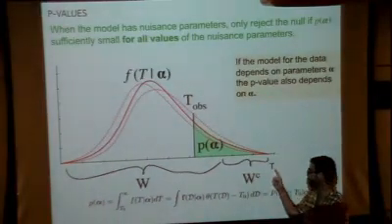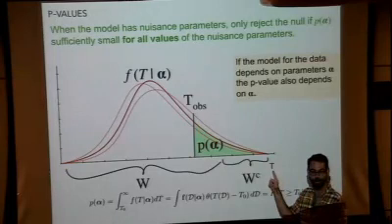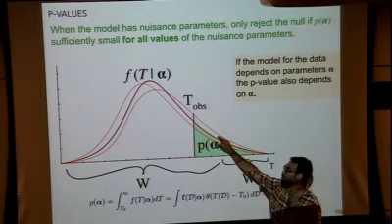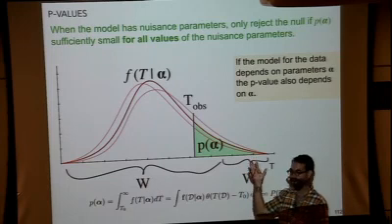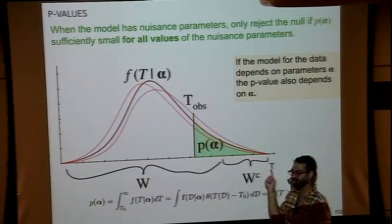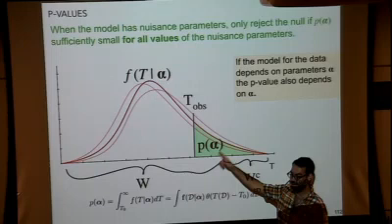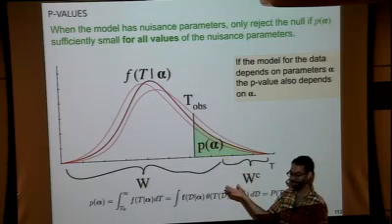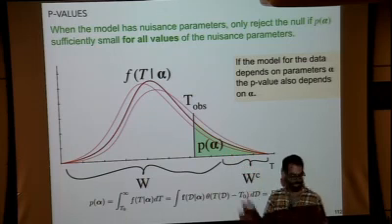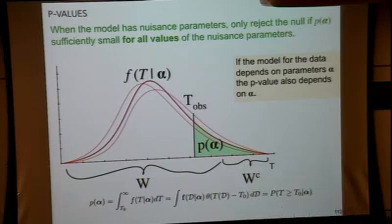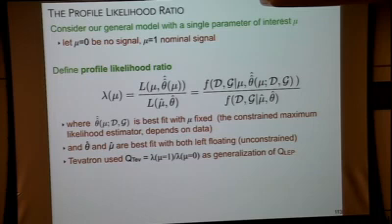Okay. Now see if you can follow this logic. If I can find a t, a particular map of the data where the distribution is always the same, which seems hard, but if I can magically find a function where the distribution of t is independent of the value of alpha, then life is going to be easy again, right? Because I just calculate p of alpha once, and it's the same for all of them, and life will be easy. So there is a way to do that, and that's what's called the profile likelihood ratio.